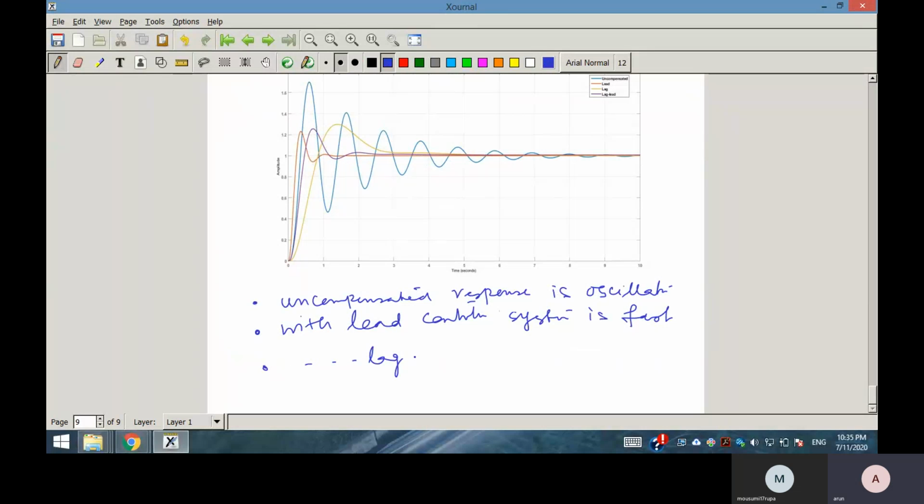With the lag compensator the system becomes slow, and with the lag-lead controller the response is traded off. That means the response characteristics are in between lag and lead, not too fast, not too slow.